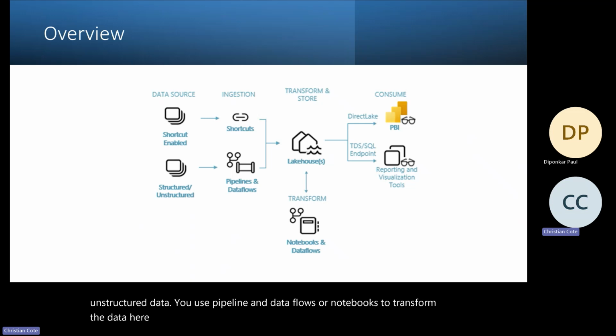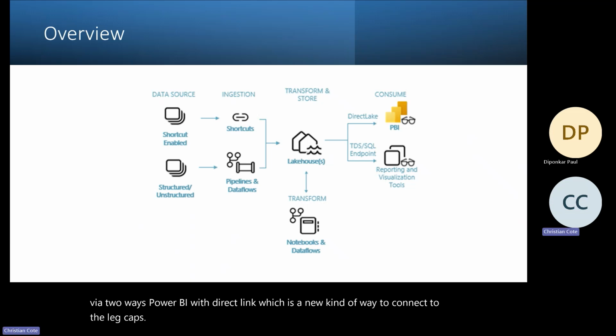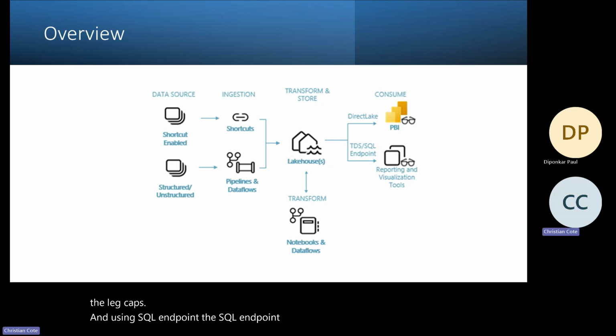Then you have your lakehouse. Your lakehouse can be consumed in two ways: Power BI with Direct Lake, which is a new way to connect to the lakehouse, and using the SQL endpoint.